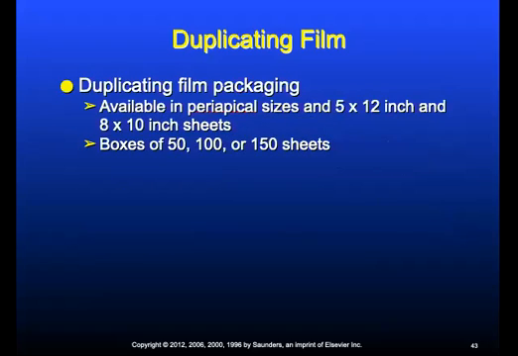The packaging is available in periapical sizes and 5x12 inch, as well as 8x10 inch sheets. They typically come in a box of 50, 100, or 150 sheets.